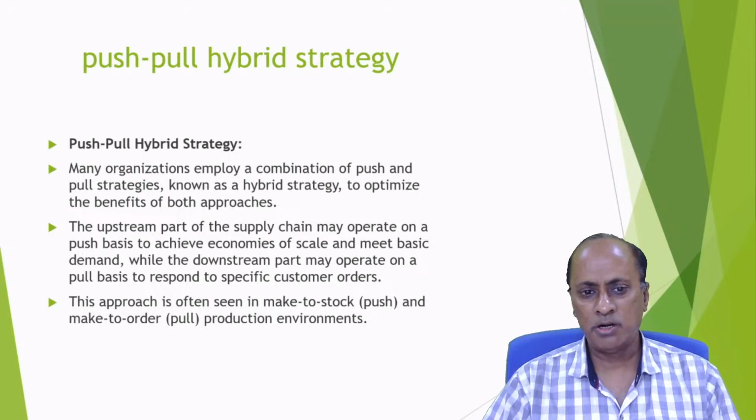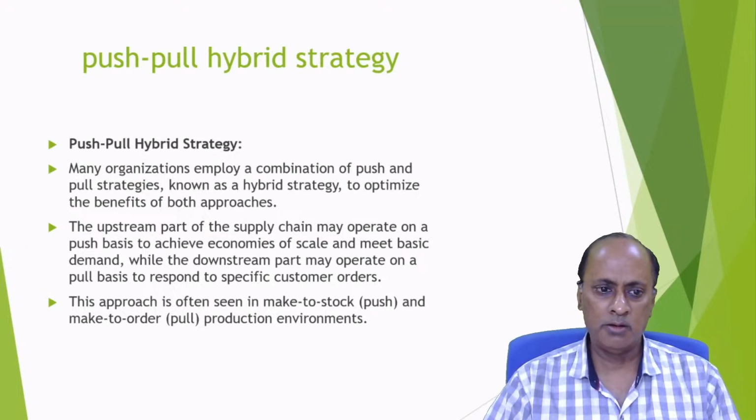While distributing the product, the downstream part may operate on a pull basis. That means we initiate production only when we get an order from the customers. So for downstream, we have a pull strategy, and for upstream, we can have a push strategy.